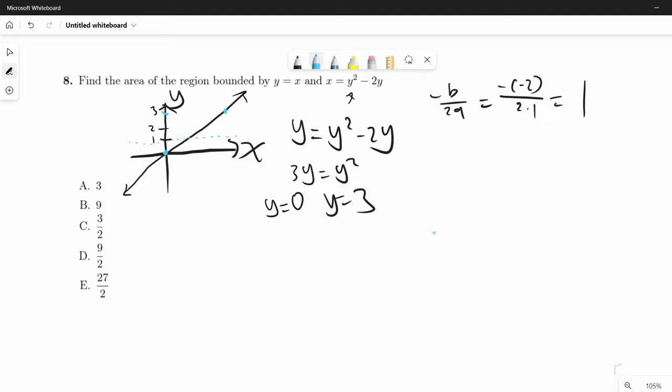Since it's symmetric, we can say that 1 away from 1 at 0, it crosses the y-axis. Therefore, at y equal to 2, it also will cross the y-axis at x equal to 0. So now, since we have the parabola pointing this way, we can fill in the shape using these 3 points. It will hit something like this, and then come back up.